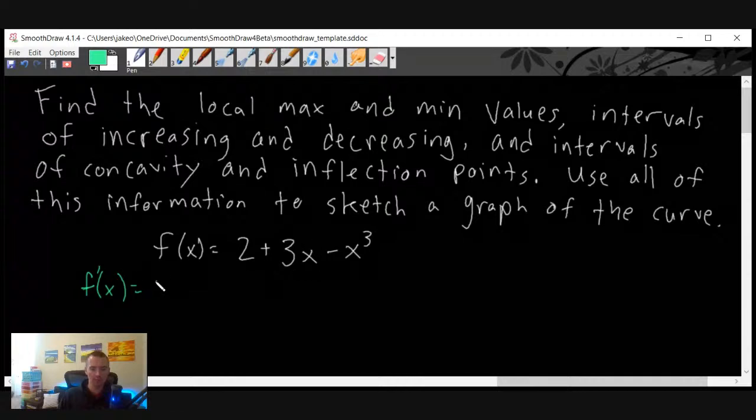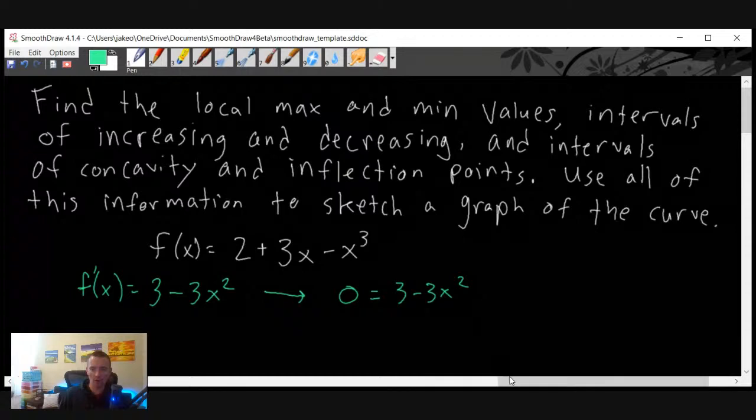Derivative of 3x is going to be 3. And then the derivative of -x cubed, we can find using the power rule. So we're going to have negative, bring our 3 down in front, leave our x as x, and then lower our power by 1. So it's going to be -3x squared. So this is our derivative. If we want to then find our critical numbers, we would take our derivative and set it equal to 0.